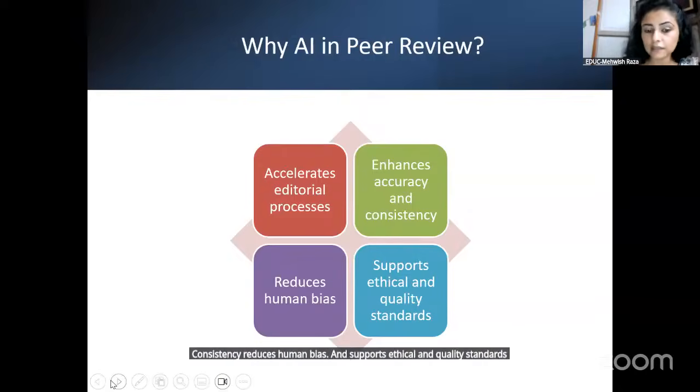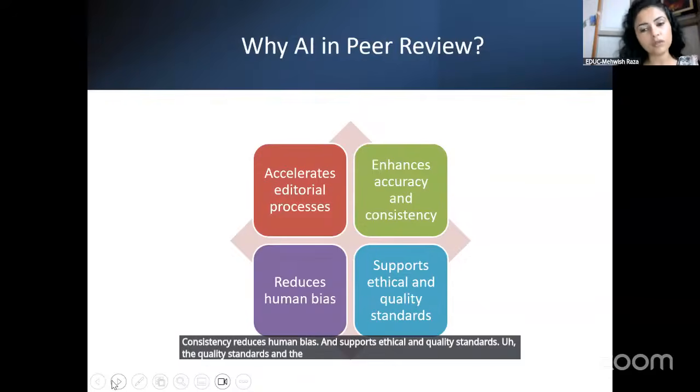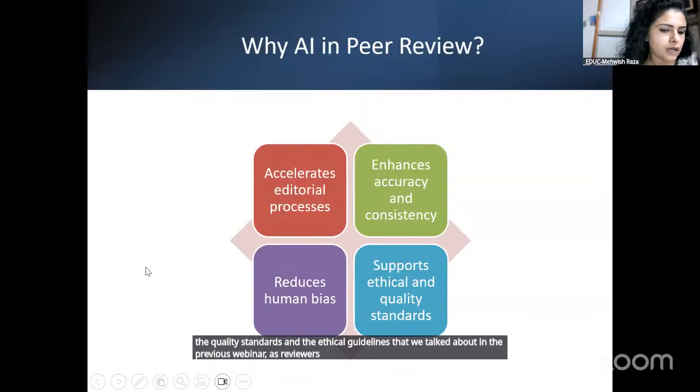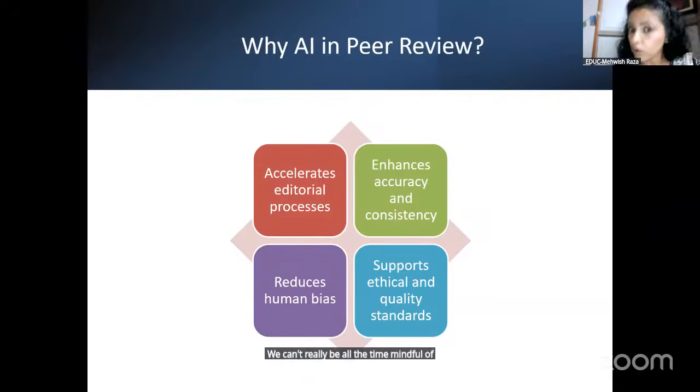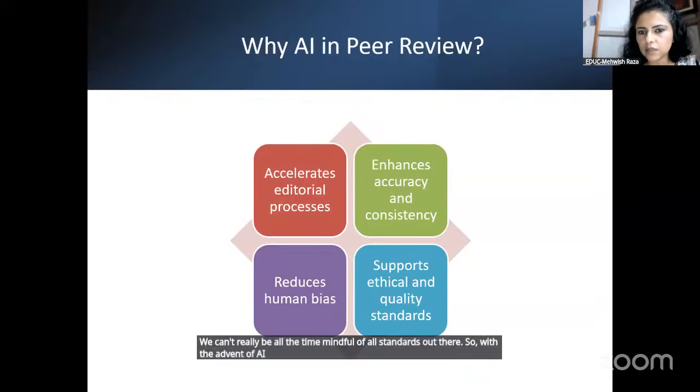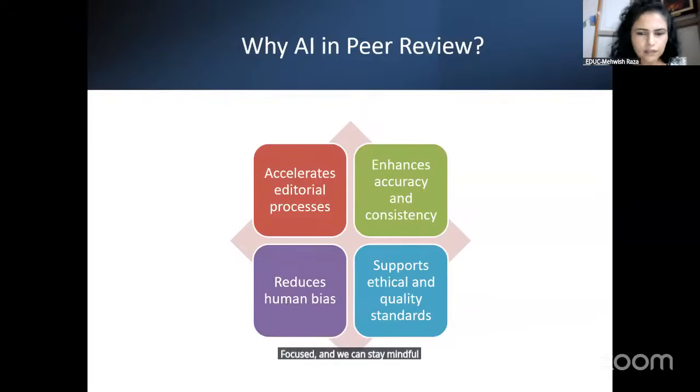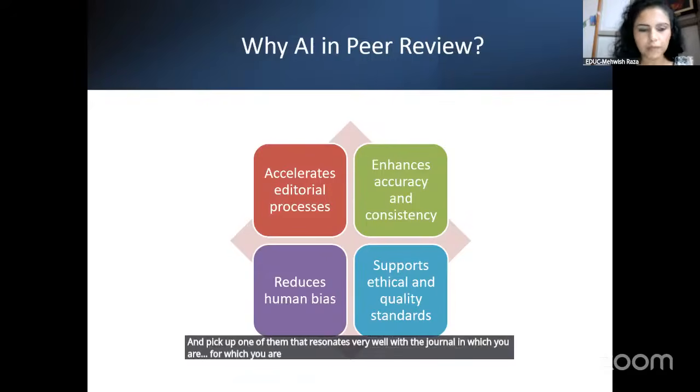The quality standards and ethical guidelines that we talked about in the previous webinar, as reviewers we can't always be mindful of all the standards out there. With the advent of AI, we can stay focused and mindful of all the different frameworks and pick the one that resonates well with the journal for which you are serving as a peer reviewer.